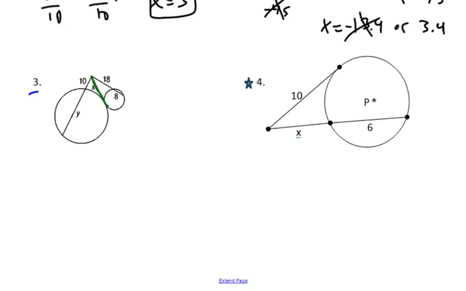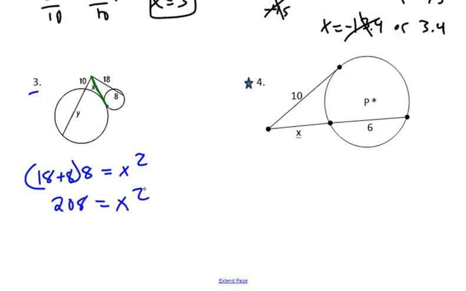So 18 plus 8 times the outside part, which is 8, would equal x squared. 18 plus 8 is 26. 26 times 8, I'm going to use my calculator, and I get 208. x would be equal to the square root of 208. It's about 14.4 something. Not pretty again.